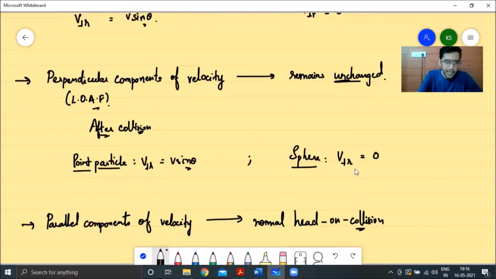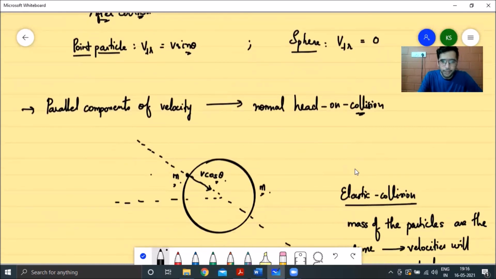And how do we deal with the parallel component of velocity? Your parallel component of velocity, you will treat now like a normal head-on collision problem. So again, just drawing your parallel components of velocity, your sphere had 0 velocity before collision. The particle had a velocity component v cos theta. And now you'll solve it like a normal head-on collision problem. So there's a normal head-on elastic collision problem where you have two particles of the same mass undergoing an elastic collision, right?